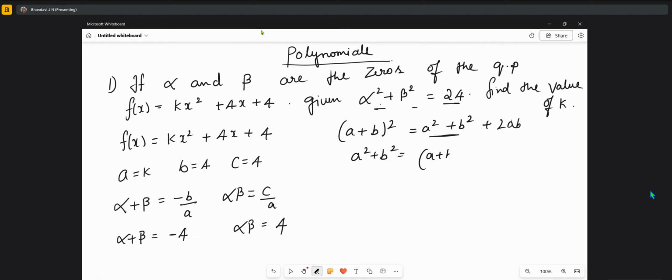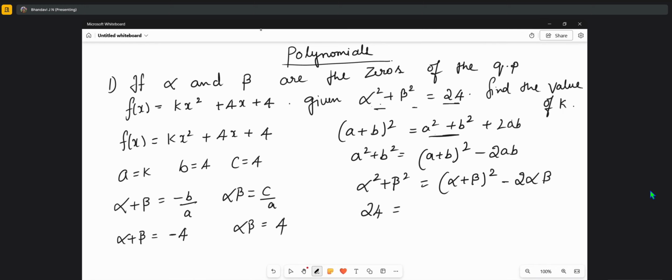Similarly, alpha square plus beta square, now I can write it as alpha plus beta whole square minus 2 into alpha into beta. I know this value, it is 24, and I will substitute alpha plus beta square. What will I get?